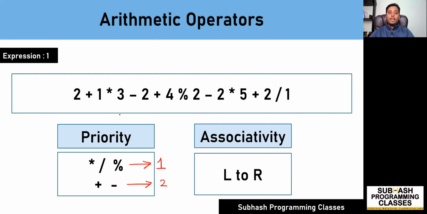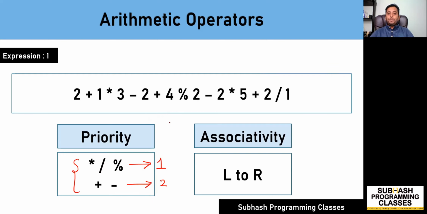It means in an expression, we first evaluate all the star, division, and modulo operators, and only then evaluate the plus and minus, right? This is what your priority rule says. Highest priority operators are evaluated first, and second priority operators are evaluated next, after evaluating all the first priority operators.